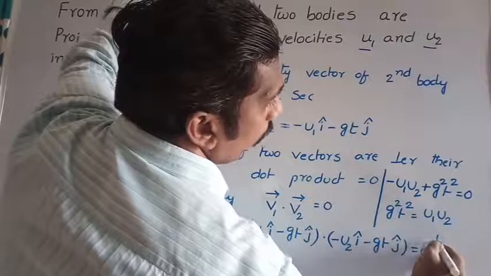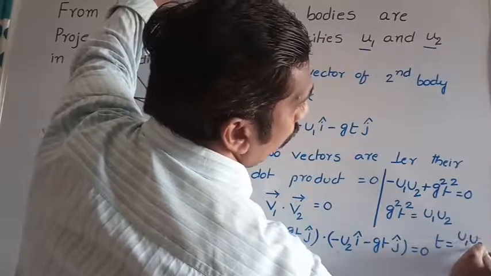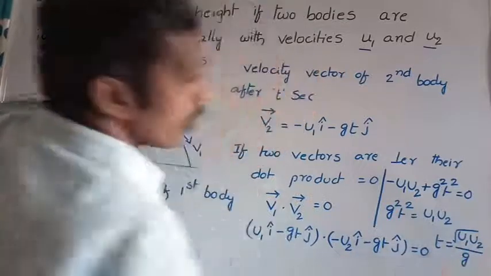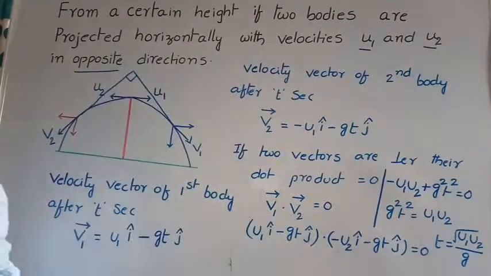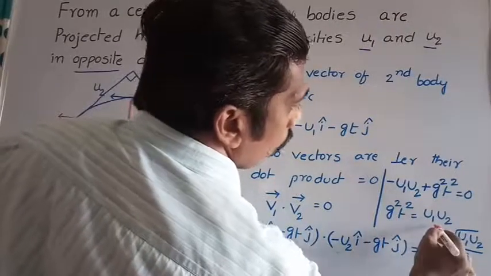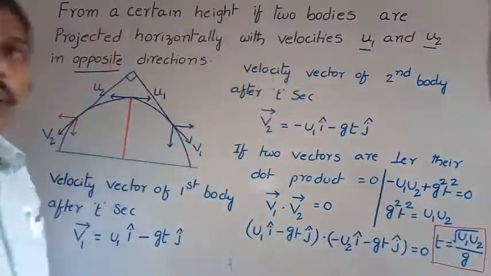Finally, time t is equal to the square root of u1 u2 by g. After this time, both velocity vectors are perpendicular to each other.